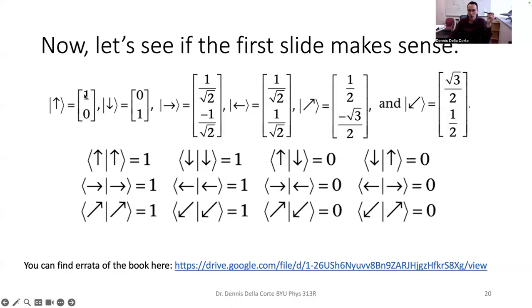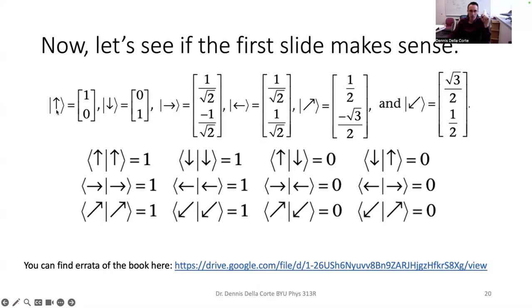That should be a vector that points to the right. Yeah, there's a bit of discrepancy in how you want to call things and how you want to label them. But we just remember a 1, 0 is a vector that points straight up. Actually, the book has some questionable decisions at times in which direction it draws these angled vectors. You can actually find errata on the book on this website here. But for us, let's just stick with this and it will be fine.